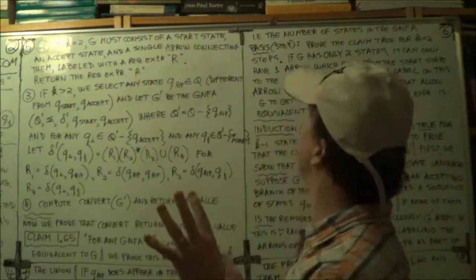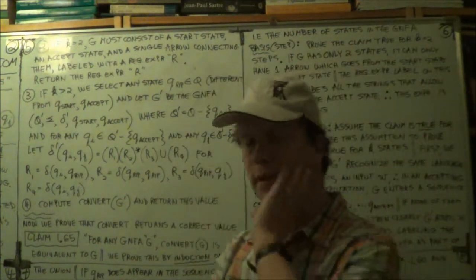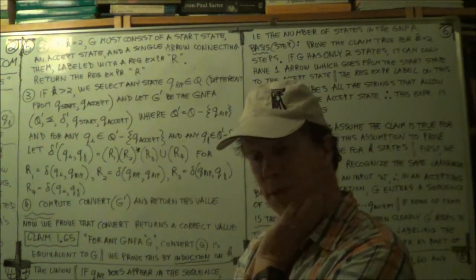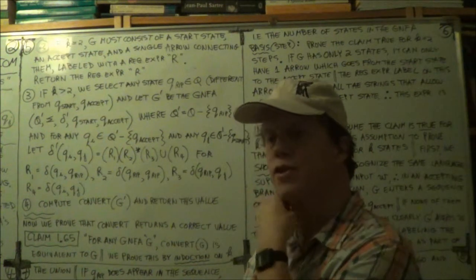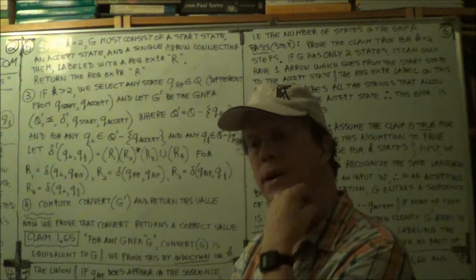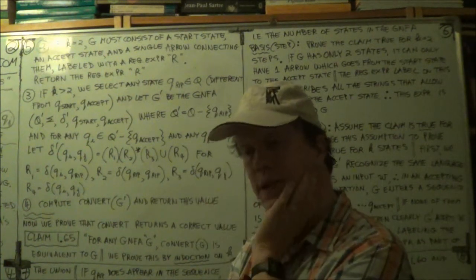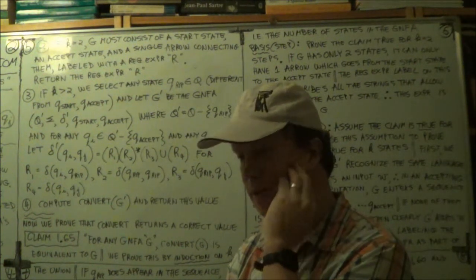That's the basis part. And the other part, the inductive step, is you assume that the hypothesis is true for k minus 1, and then prove that if it's true for case k minus 1, then it's true for case k. Okay?